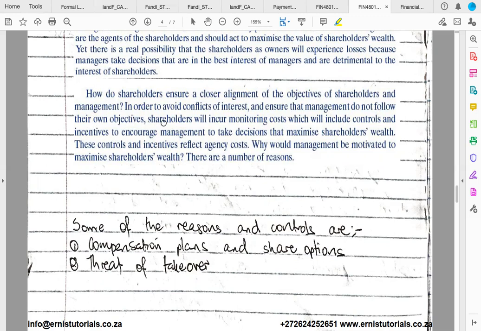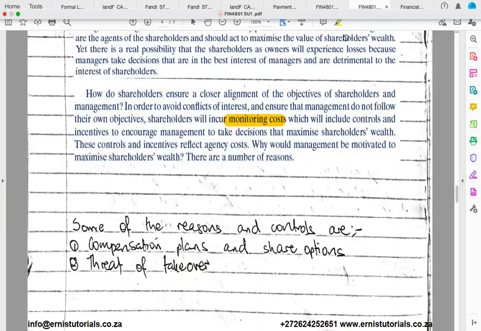Okay. So, in order to avoid conflicts of interest and ensure that management do not follow their own objectives, shareholders will incur what we call monitoring costs. Shareholders will have to actually spend some money in trying to monitor the management of a company.